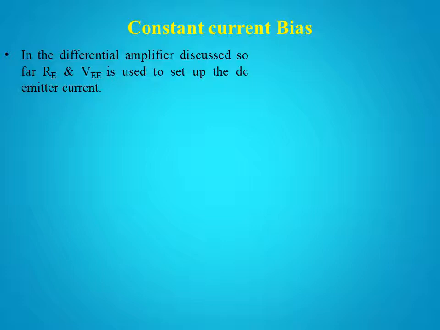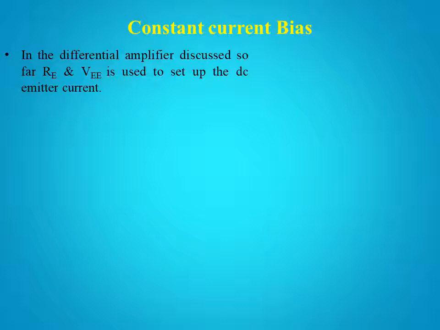Now in the differential amplifier, we have seen that two DC voltages are shown, plus VCC and minus VEE, and the emitter current that is provided in the circuit is basically dependent on emitter resistance RE and VEE. So the practical circuit that we have studied earlier has emitter bias. We can say that the emitter resistor decides the current flowing through the differential amplifier. So it is emitter biasing.